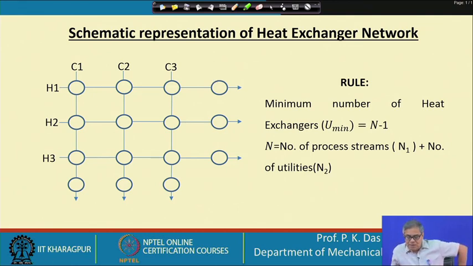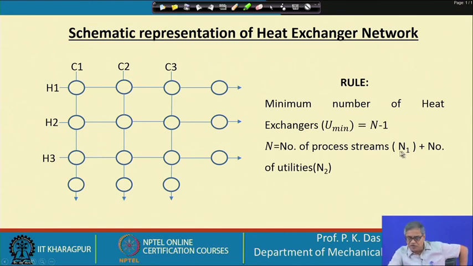So, the minimum number of heat exchangers, that is U min, that is equal to N minus 1. There is a rule, that is the minimum number of heat exchangers. Let us say that is U min, that is equal to N minus 1. N is the number of process streams. How do we get N?